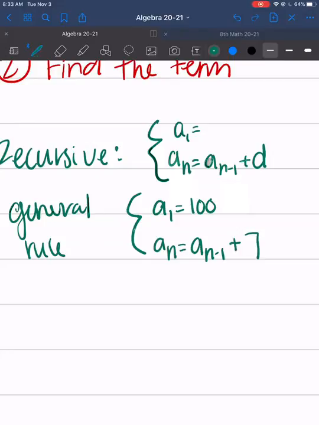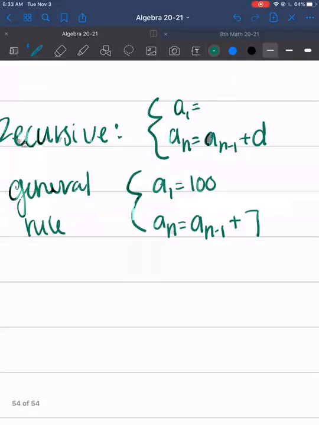Now, this is where you're going to really start to love explicit form. We want to know what A sub 10 is, right? We wanted the 10th term. The only way we can find it with recursive is as long as we have our previous term. So I'm going to need A sub 9.